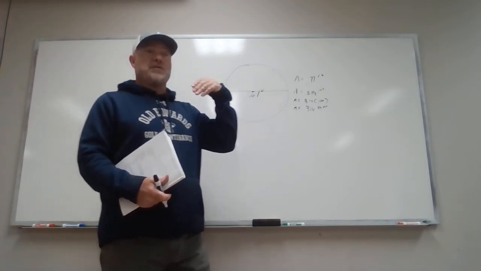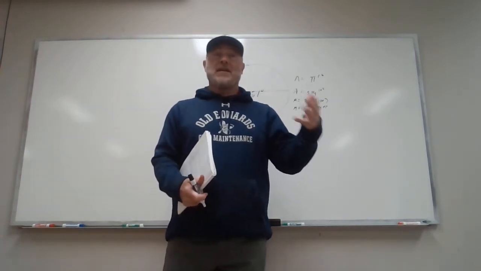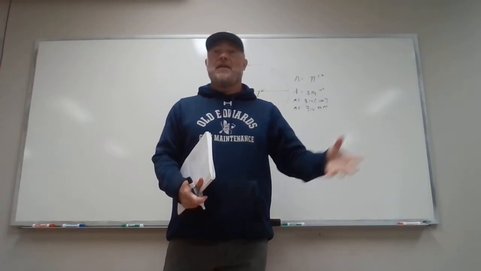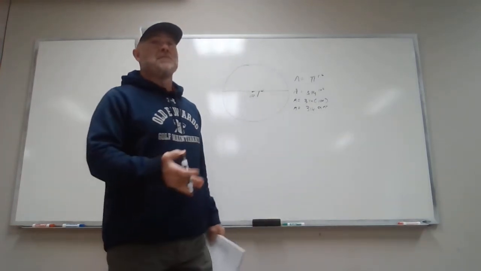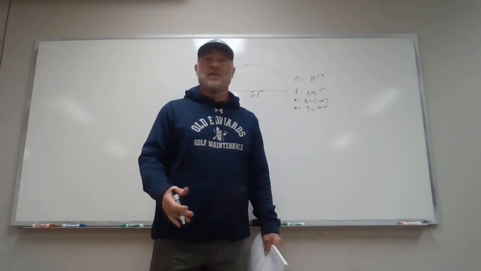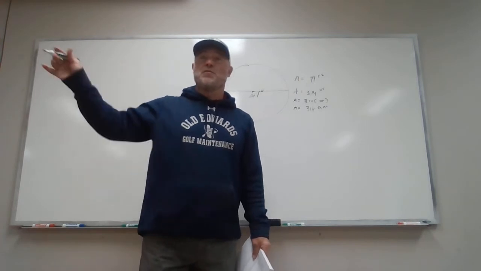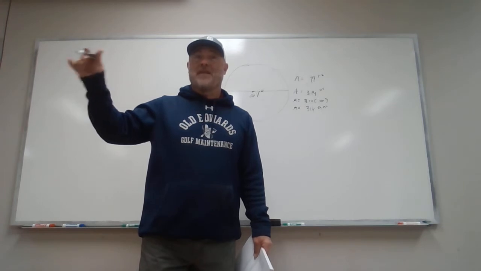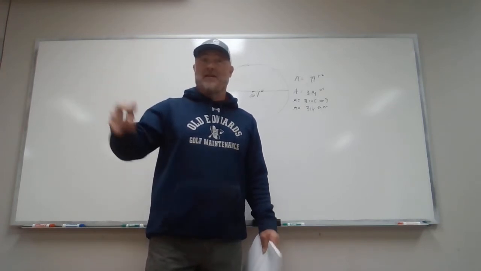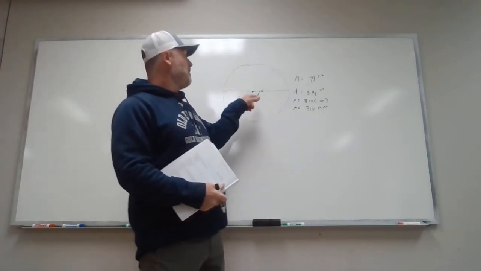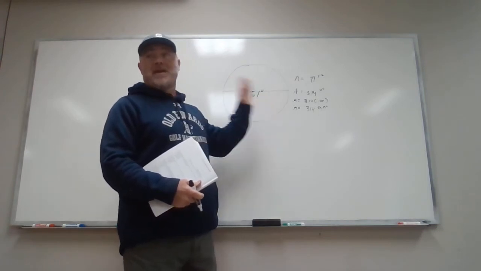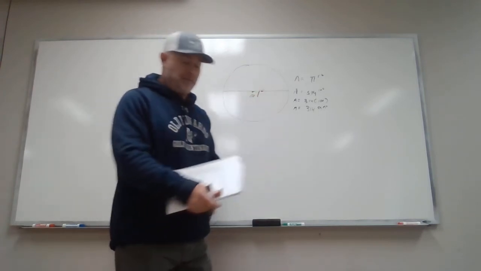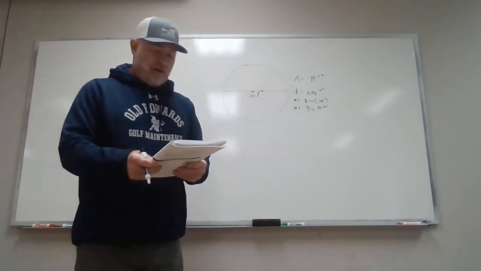So if you thought you were Johnny on the spot and you're acing the test and you know your math, and you're like, oh God, the first thing I read was circle. Well, I know what circle is, pi r squared. And I just put 20 in there, you're going to get the answer wrong. It gave you the circumference. To get the area, you have to do the radius. The radius is half the circumference. Okay.